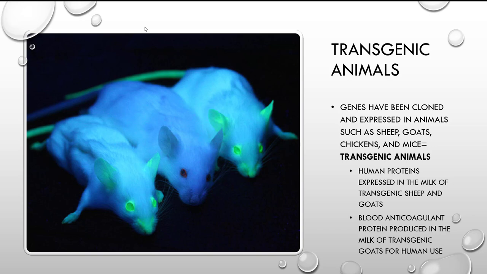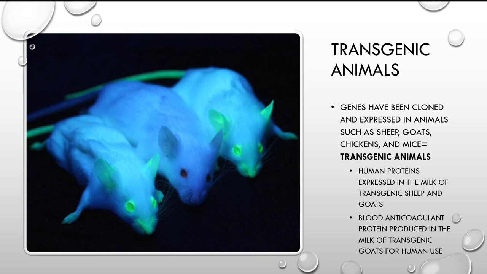But if we want a blood thinner, we can do the opposite. So this allows us to produce this blood thinner protein in the milk of this transgenic goat, and then we can use that for human use.